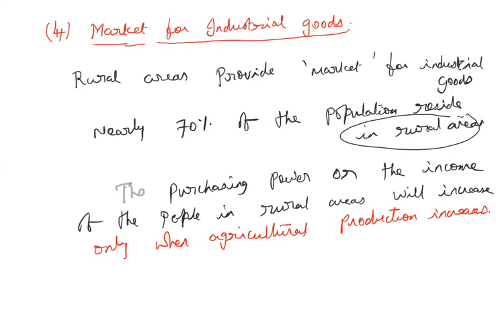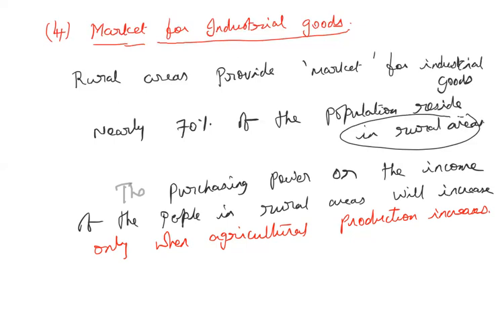Their purchasing power keeps on increasing, and then only they will be able to purchase the industrial commodities. So only when the industries sell their commodities in the rural areas, they will be able to survive. So again, indirectly, in this way also, the industries depend on the prosperity of the agricultural sector.